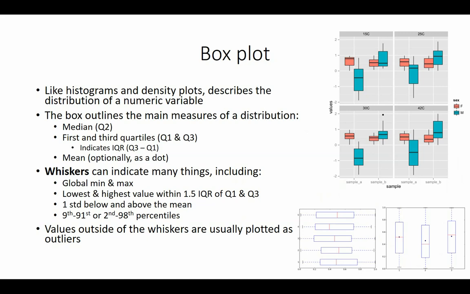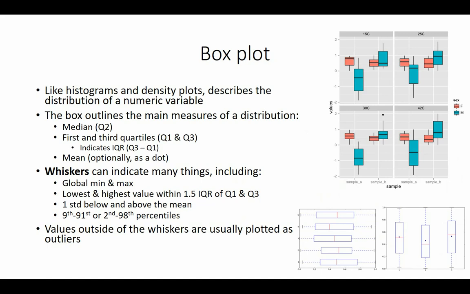You can see the median, the second quartile of each group, which is often seen as the horizontal line in the middle of the box. Then the start and end of each box will typically be the first and third quartiles, Q1 and Q3.